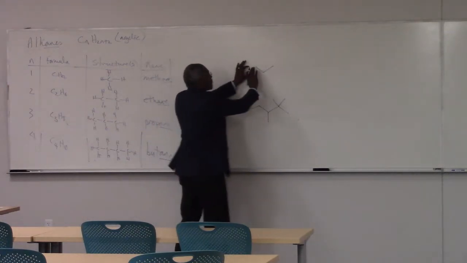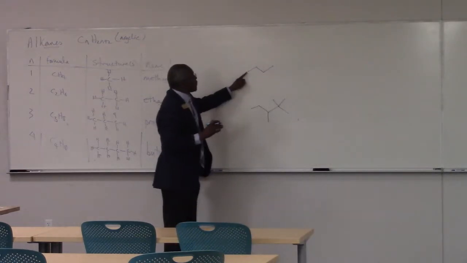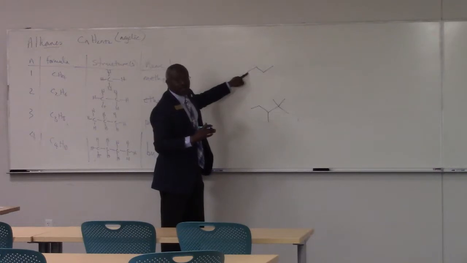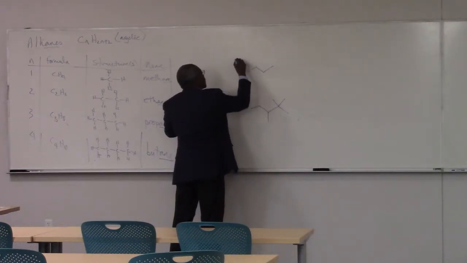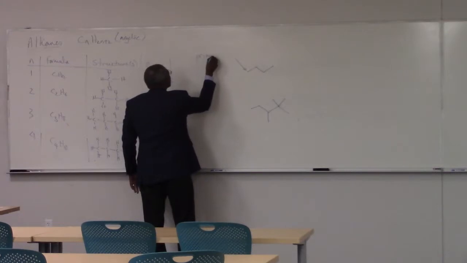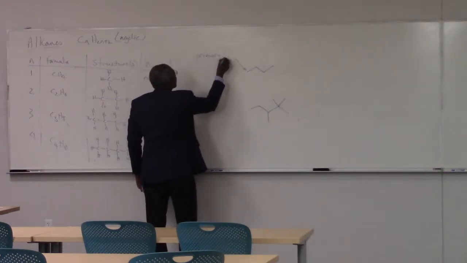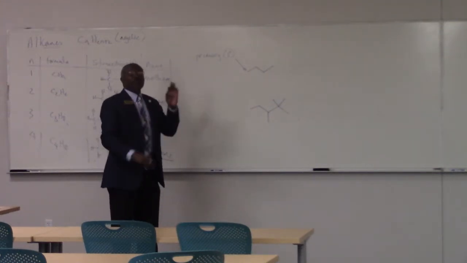So yes, there are a bunch of carbons in a molecule. I'm not interested in all of them. I'm only interested in how many carbons this carbon is directly bound to. So this carbon is bound to 1 carbon, so I will call this carbon a primary carbon, and I'll represent it as 1 degree, but it's called primary.